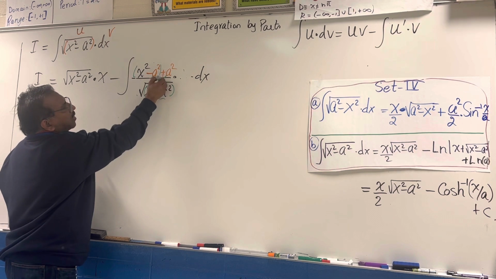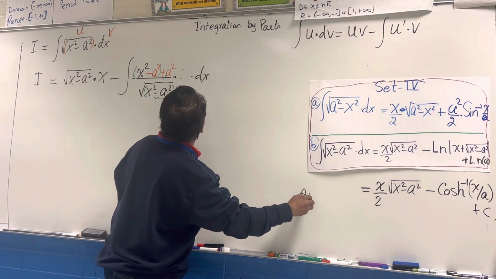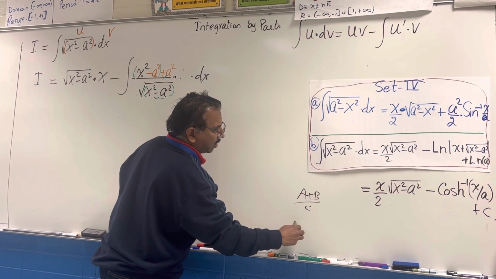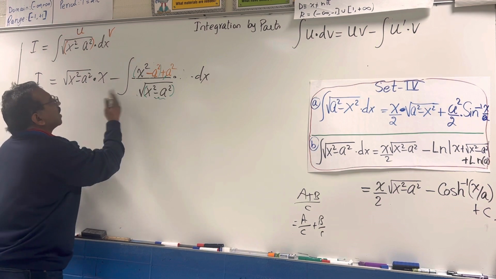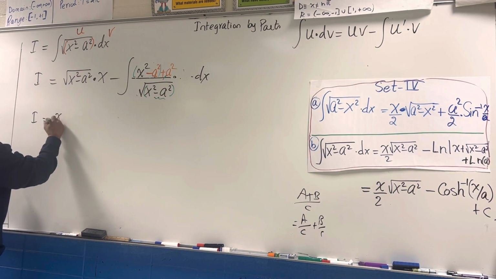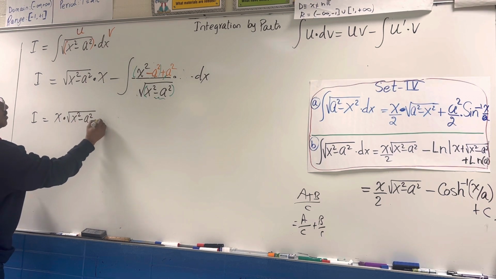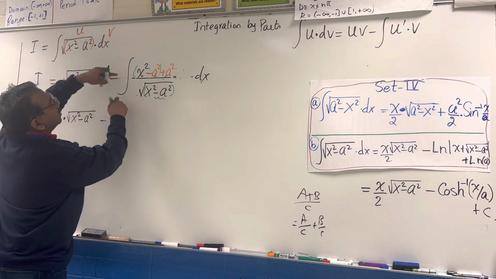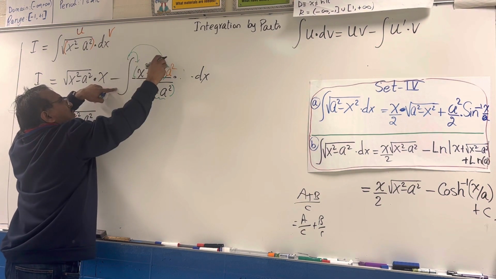And then we break this at this point, using that a plus b over c is a over c plus b over c, and we can separate that. So I equals x, let's rearrange this and write it in front of this radical sign, minus. Now distribute the integral for the first part and then the second part, right?